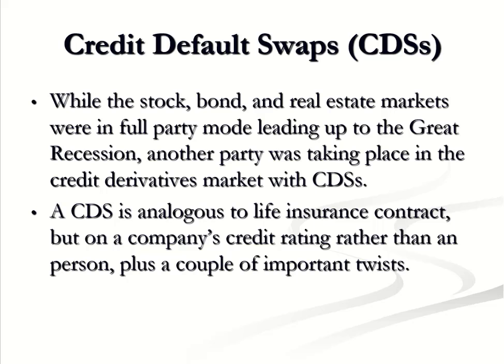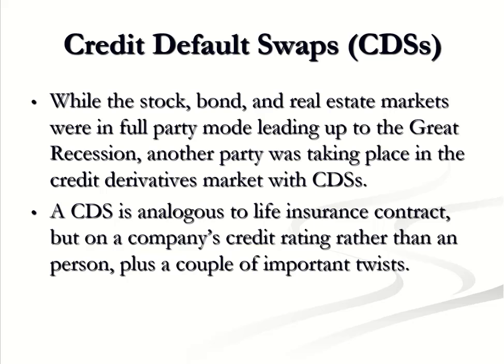Now let's look at the credit default swap market. This was going on big time during the Great Recession and before, well, especially before the Great Recession. Now let me back up and explain what a credit default swap is. A credit default swap, I guess, could best be explained by comparing it to life insurance.